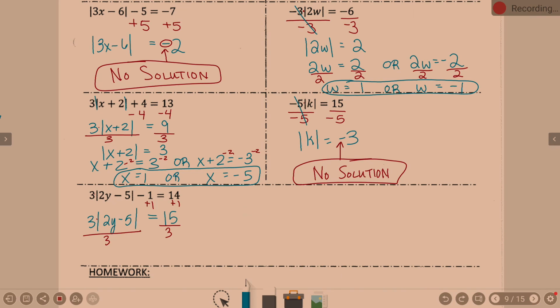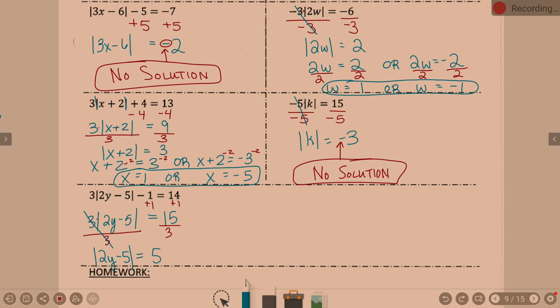I'm just going real slow because you guys are really fast. The 3 and the 3 cancel, and 15 divided by 3 is 5. So the absolute value of 2y minus 5 equals 5.